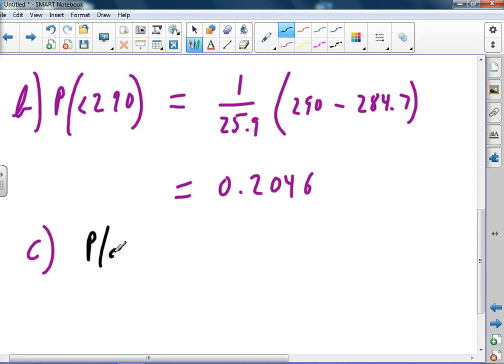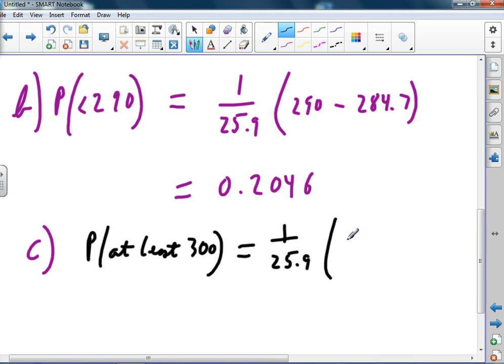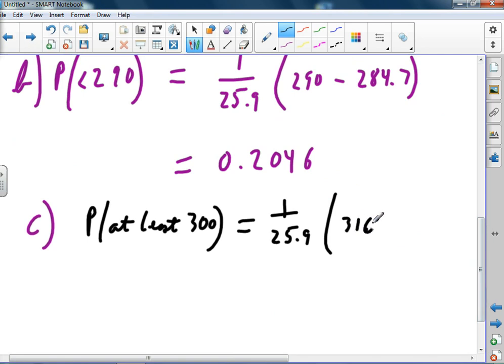So probability at least 300: 1 over 25.9 times, at least means it's got to be more than 300, so 310.6 minus 300. That gives 0.4092.